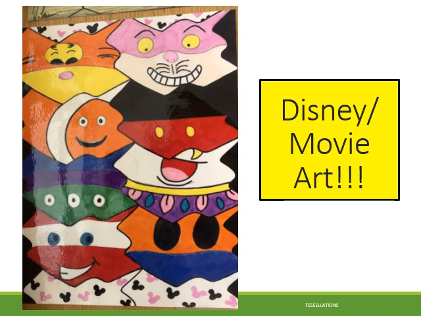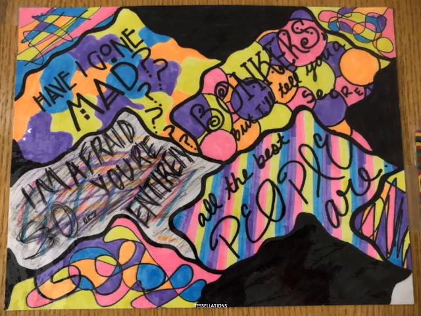What else do we have? Cat in the Hat. Tigger. So it looks like there's quite a bit there. So you can be as creative as you want with this project, especially if you find something that you're not sure what it looks like to you. I love this one because it's just a good example of creativity. If you're not sure what your piece looks like, turn it into something unique and different.